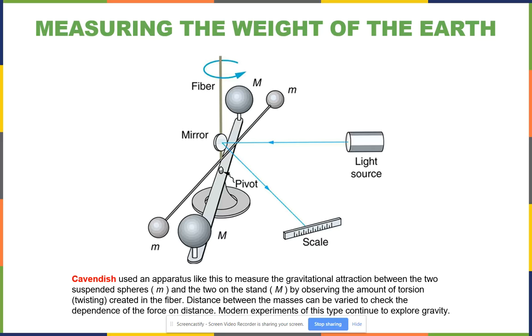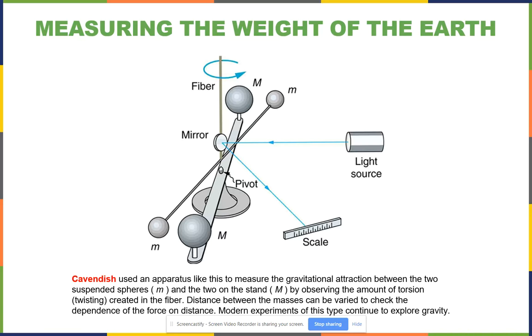Measuring the weight of the Earth. Henry Cavendish did an experiment to try to determine the weight of the Earth. What he ended up finding was the constant G. His apparatus had 2 masses and a little mirror, and you shine a light on the mirror and measure where the reflection is.